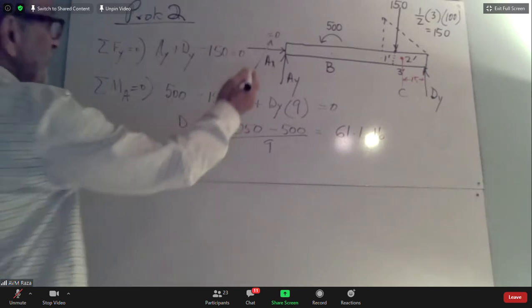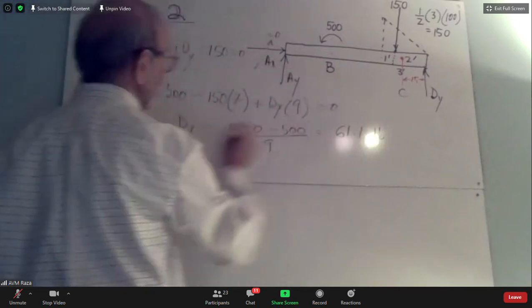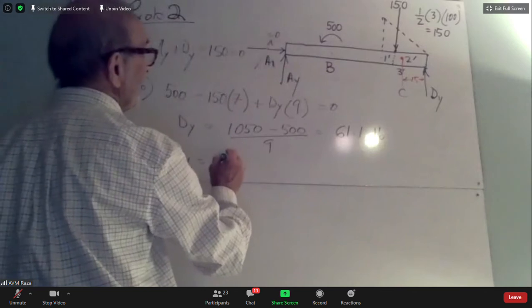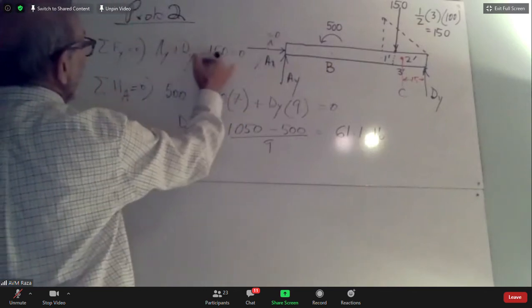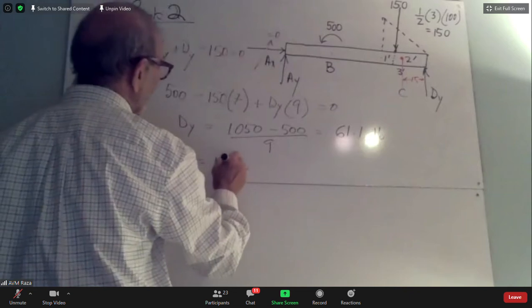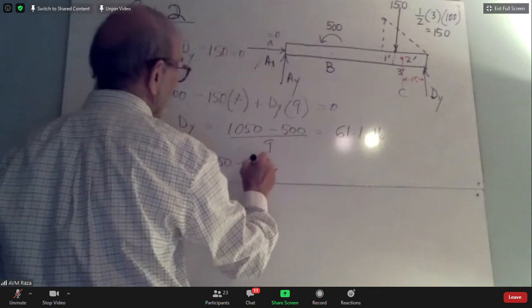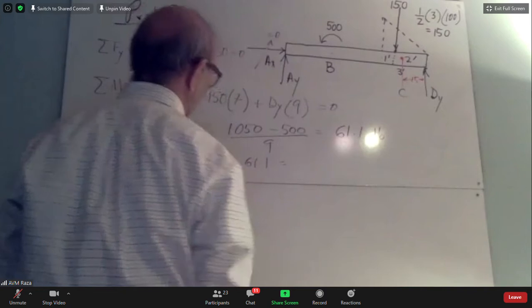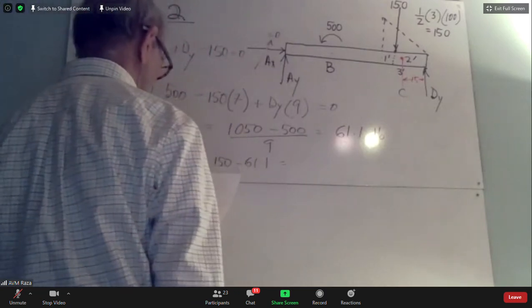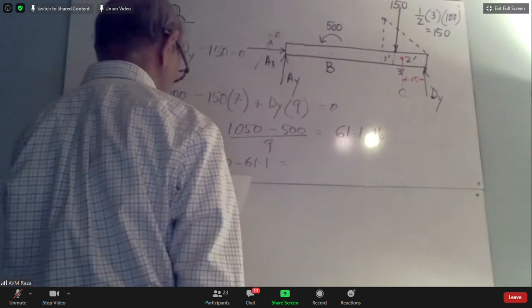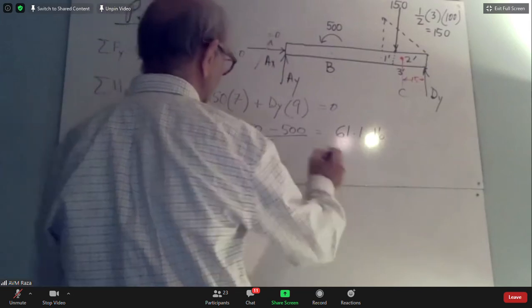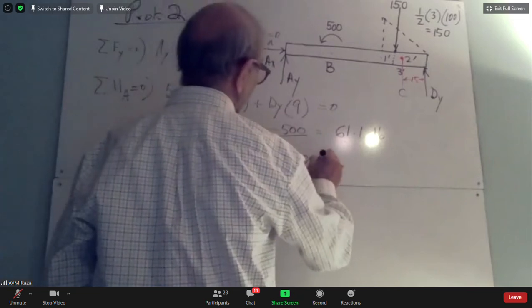Okay, so what will AY be then? AY we can also find, since AY plus DY is 150. So AY will be 150 minus DY, minus 61.1, which will be 88.9.